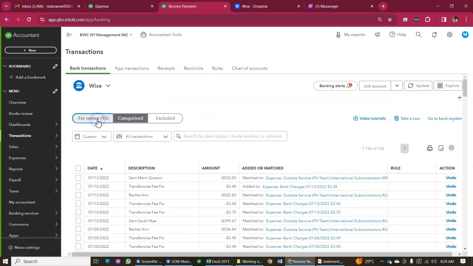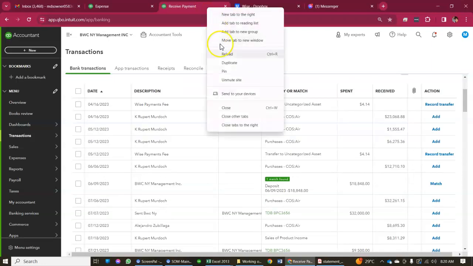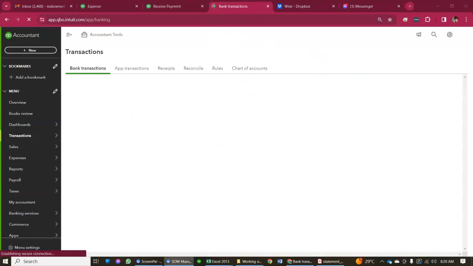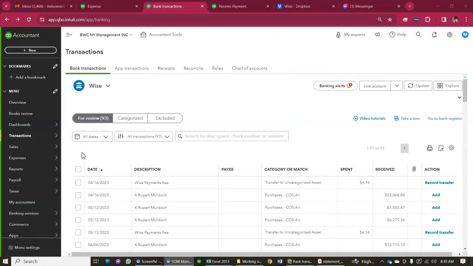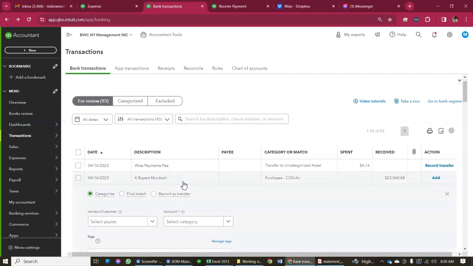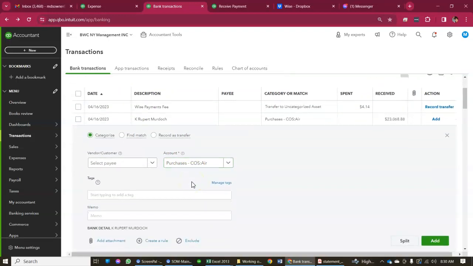let's try to see if there is an entry already made for this. So let's try to find the amount. 23,06,888. Okay, so for a transaction like this, since we don't know which invoice to apply, we will do this as categorized.